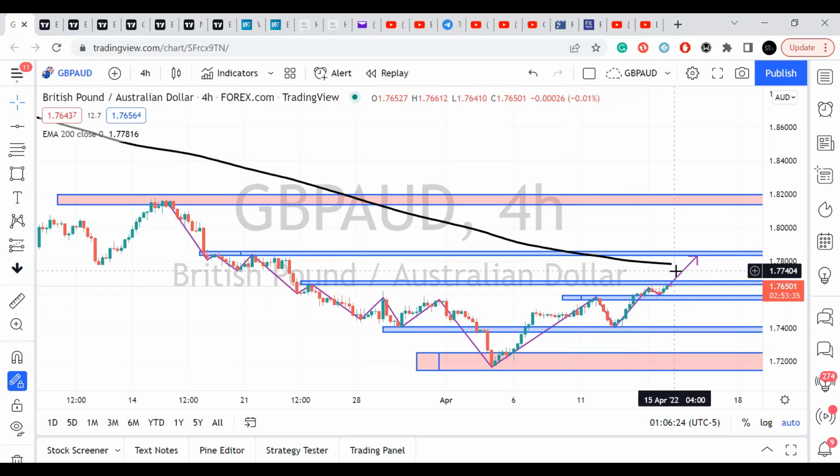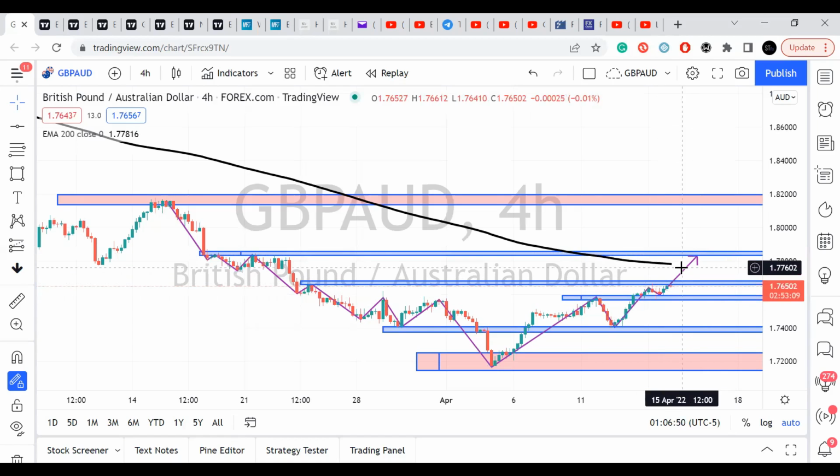But the only reason I'm scared is because of today, because of the bank holiday. I don't want this structure to hold, then this thing will come back and just keep ranging today. But I'm expecting a breakout, and if this price breaks out, it's not just going to break out and come here fully.